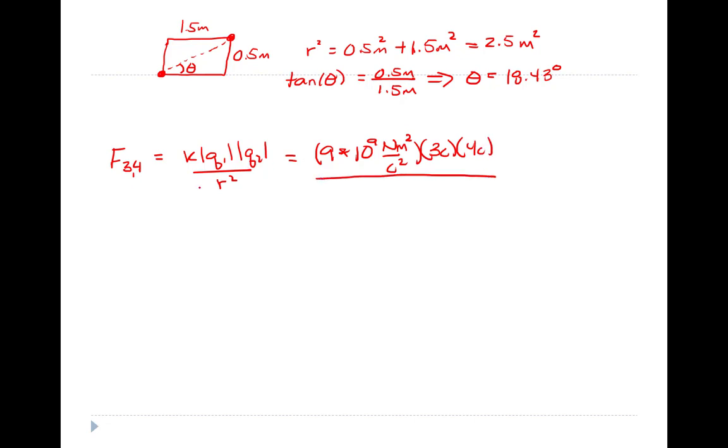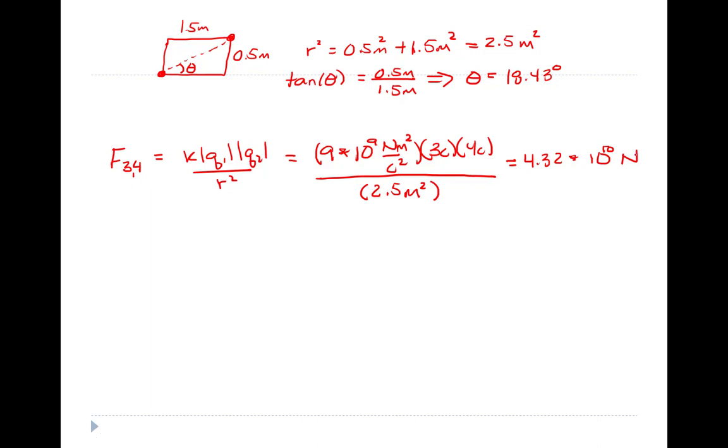My distance, r squared. Notice I have that up here, r squared. So this is 2.5 meters squared. And notice the square is just on the units. It's inside the parentheses. I've already done the squaring, so I don't need to square it again, which results in a value of 4.32 times 10 to the 10th newtons.